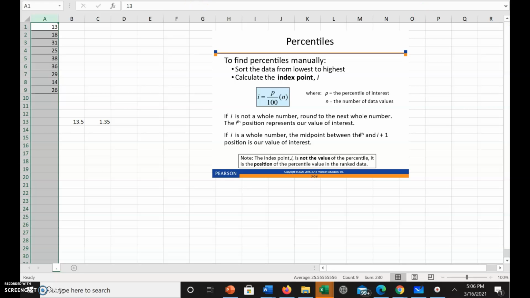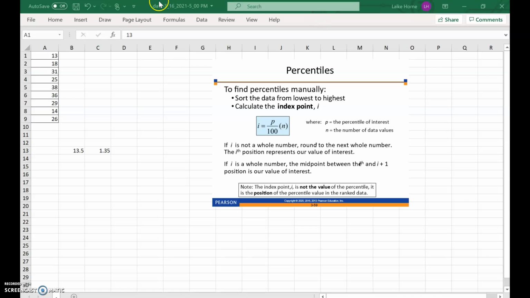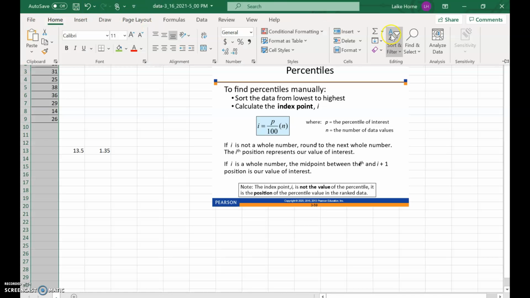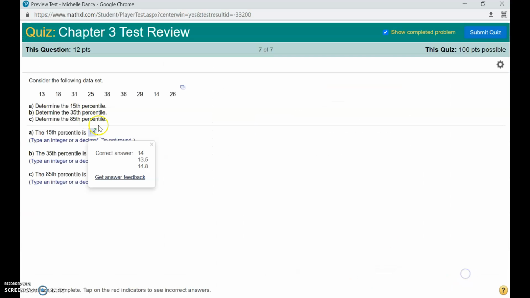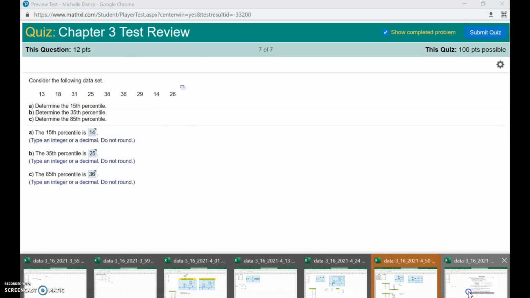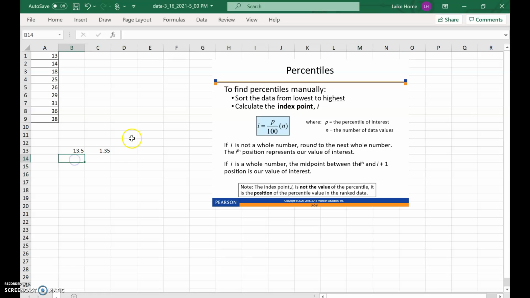But what I need to do is arrange these in order. And so the second number would be 14. And 14 is an answer as well. Alright, for the 35th percentile, to do the formula, we would get 14 if we use the formula.